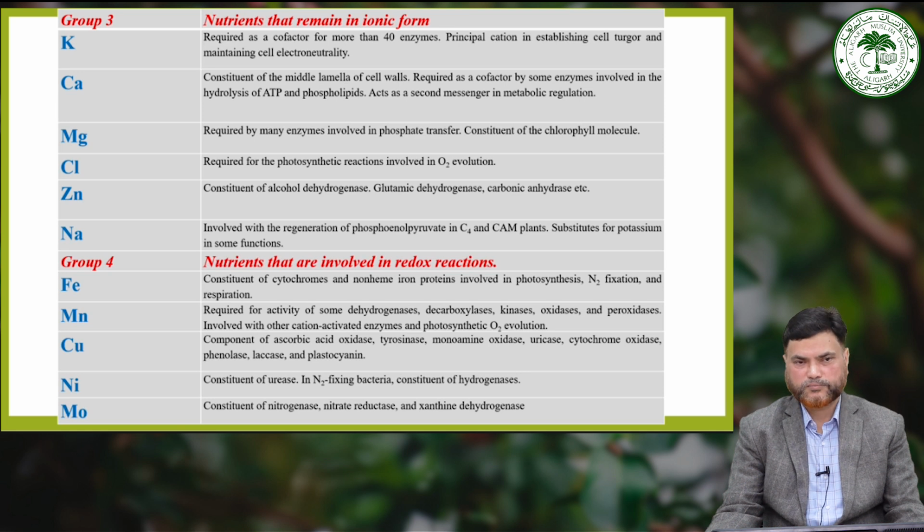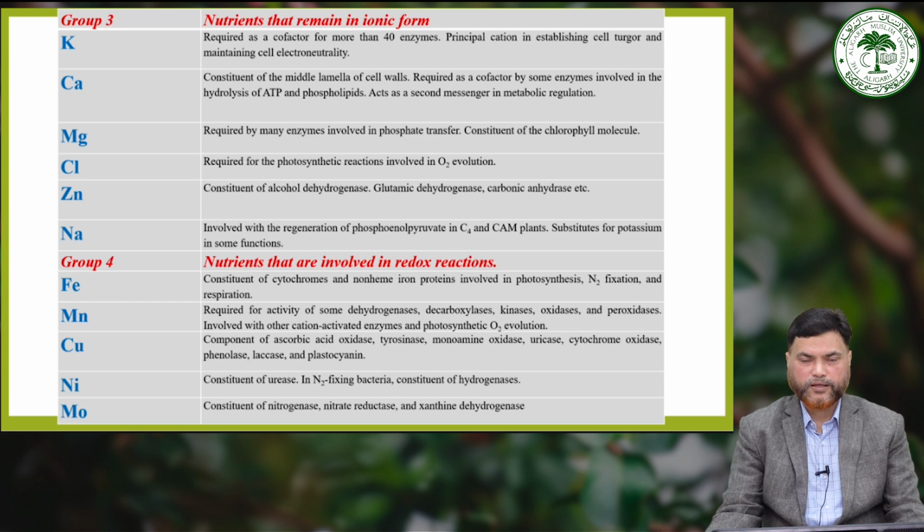Then chlorine. Chlorine is basically necessary for photosynthetic reactions involved in oxygen evolution, contributing to the production of oxygen during photosynthesis. Now, the next element present in group third is zinc, which serves as a constituent of various enzymes including alcohol dehydrogenase, glutamic dehydrogenase and carbonic anhydrase, playing a very essential role in metabolic processes.